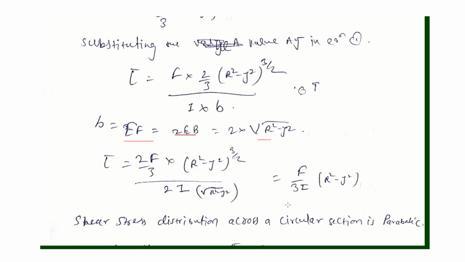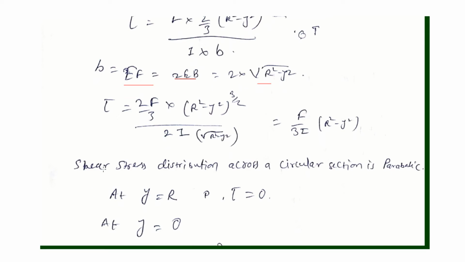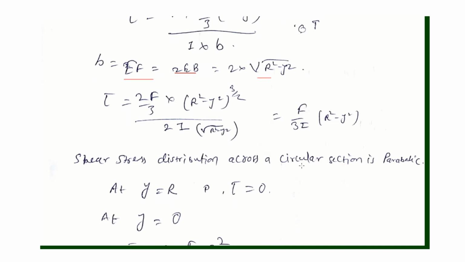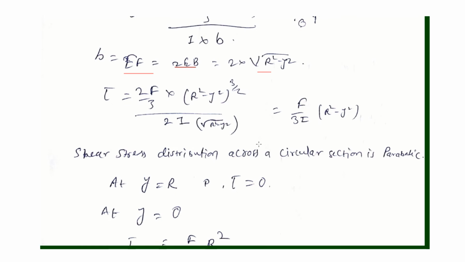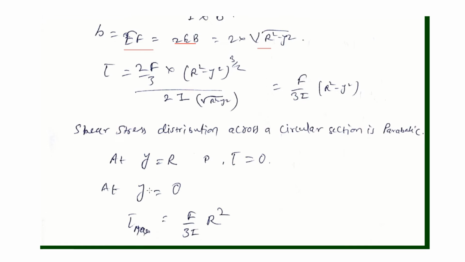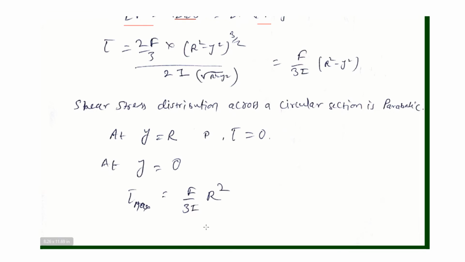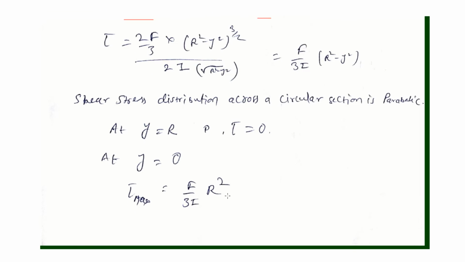That means the stress at any point on the circular section. So shear stress distribution across the circular section is parabolic because tau is directly proportional to y square. Okay, at y equals r, that means at the topmost of the circular section, tau is 0 at the top and bottom. At y equals 0, that means tau at neutral axis, it is maximum: F by 3I r square.